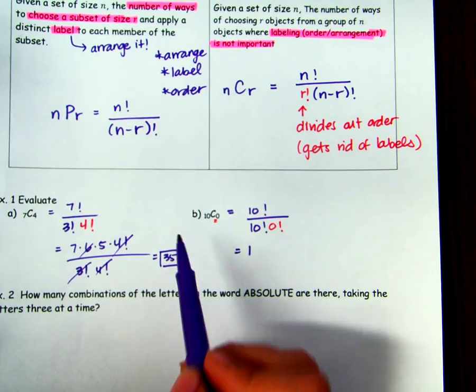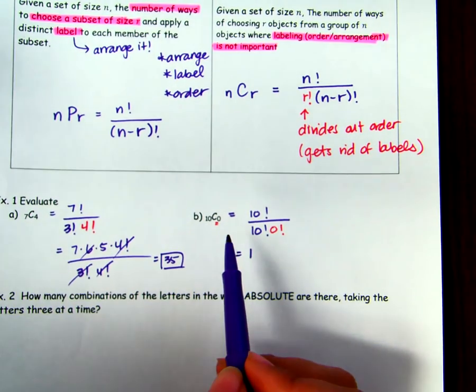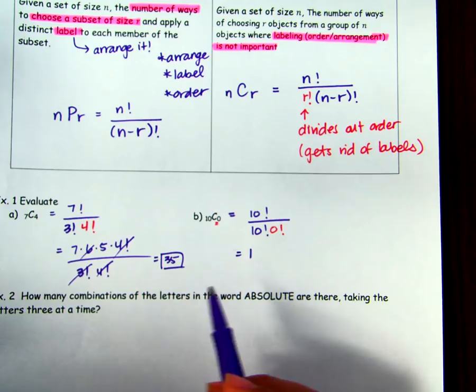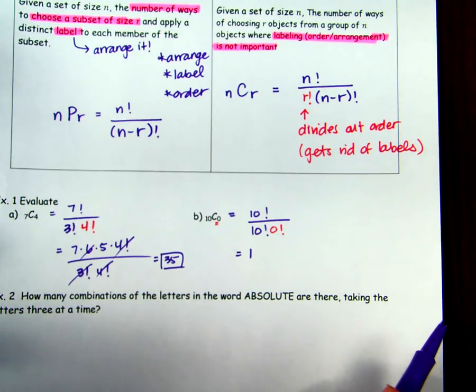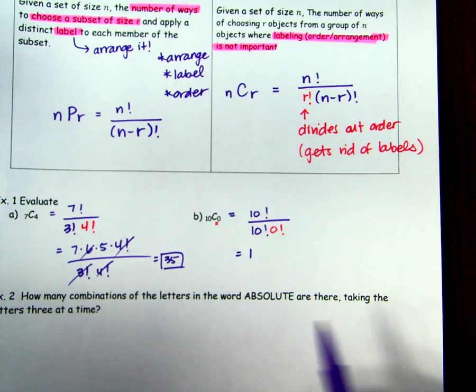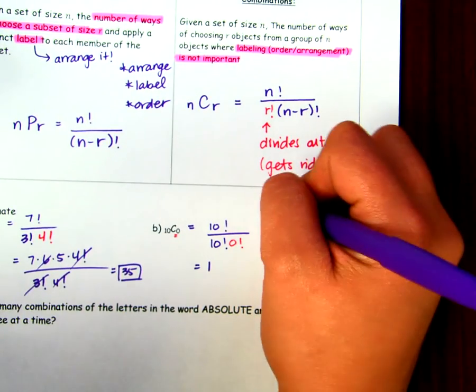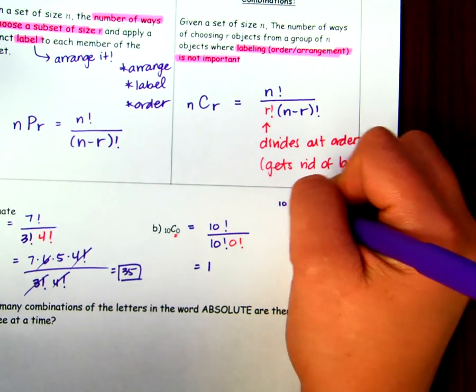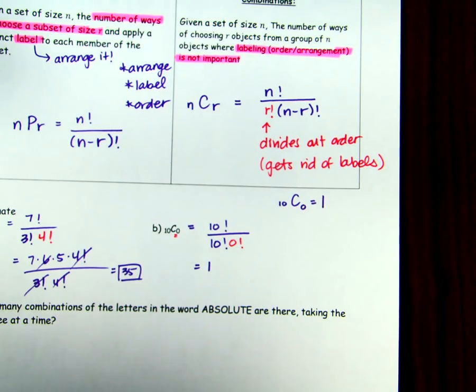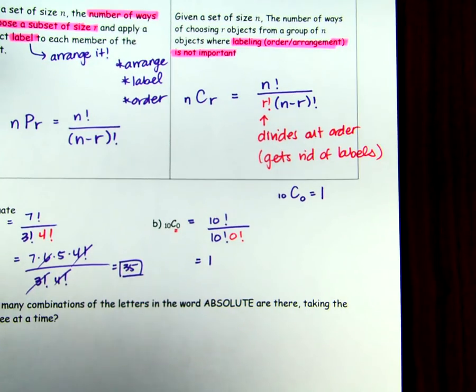So in this case, you have 10 people, and you're making groups of 0 people. The only way to do that is to not do anything at all. So I'm only going to group 0 of them, so one way to do that. As a reminder, 10 choose 0 is 1. The only way that you can group 0 people out of 10 is to not do it at all.